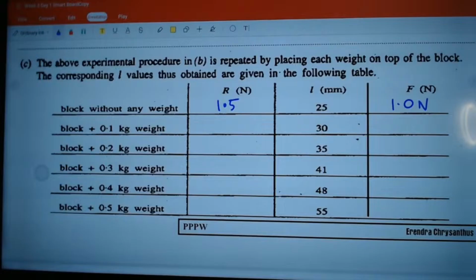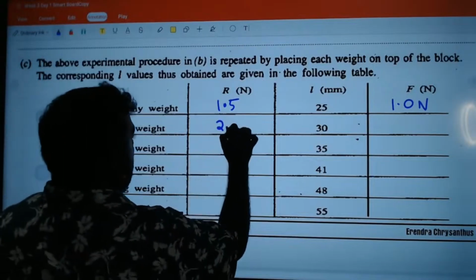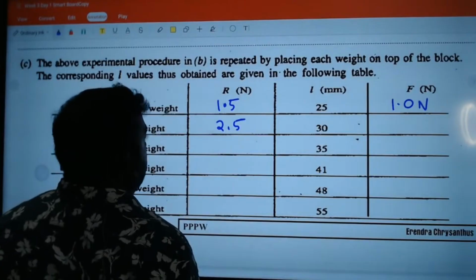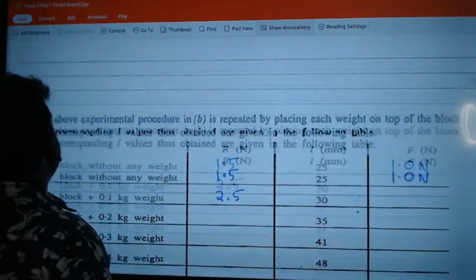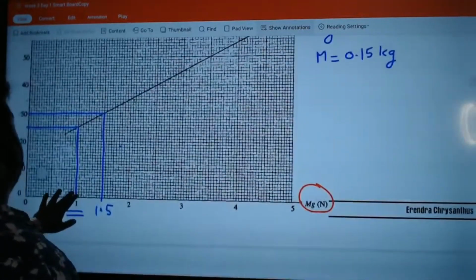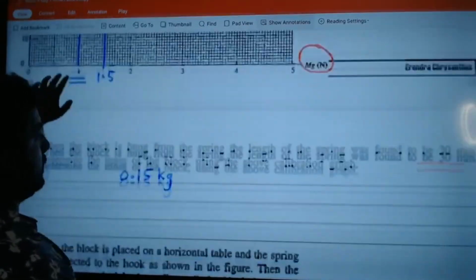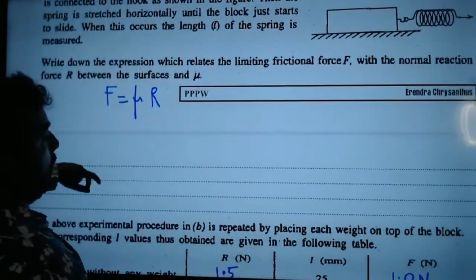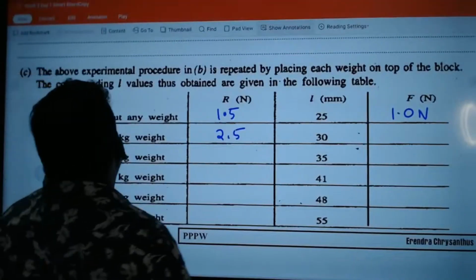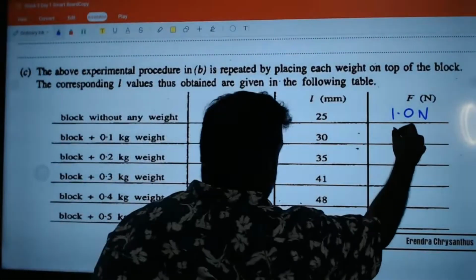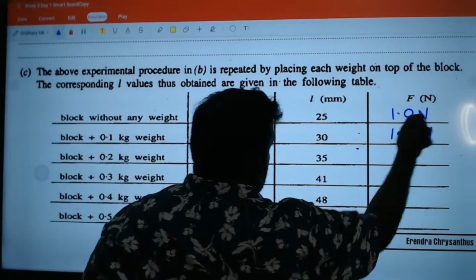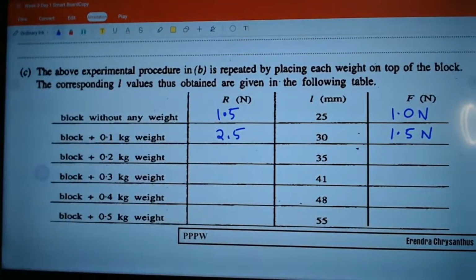Block plus 0.1 kilogram. 0.15, 0.1, 0.25. 2.5 Newton. L is 30. Go back to the table. L is 30 means 1.5 Newton. So the pulling force is 1.5 Newton. Pulling force only is marked there, 1.5.